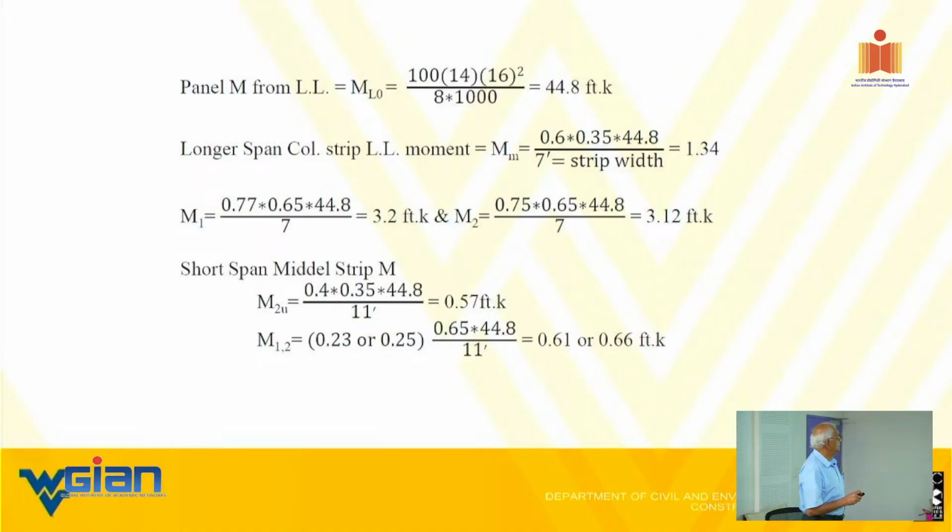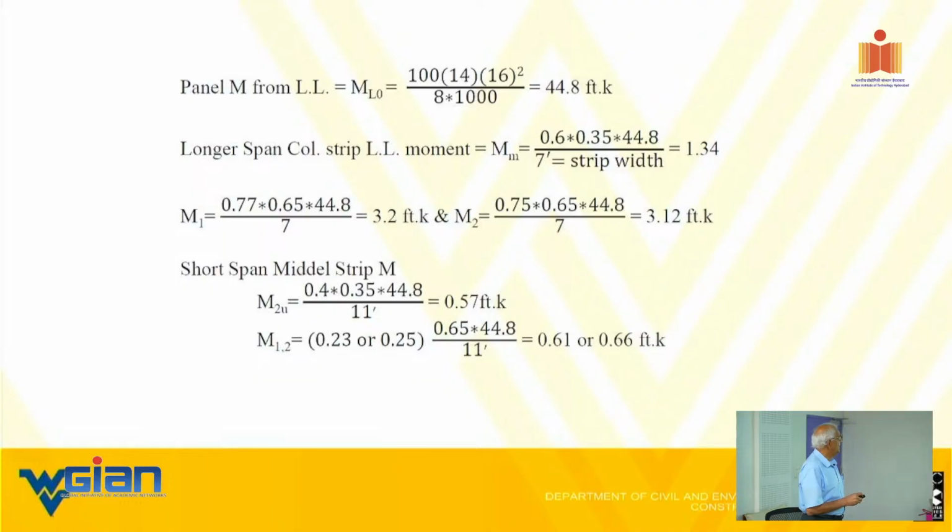Longitudinal span column strip live load moment is divided per width. That is your moment per width. So M1 is, this is the equation by the code, that 0.77 is the factor they call it, 0.65, that is the 44.8, this is the strip width.